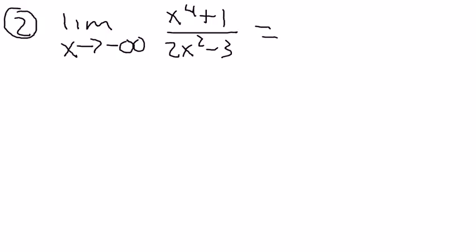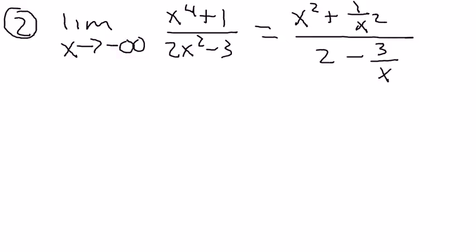When I divide x to the 4th by x squared, it's x squared plus 1 over x squared, over 2 minus 3 over x squared.